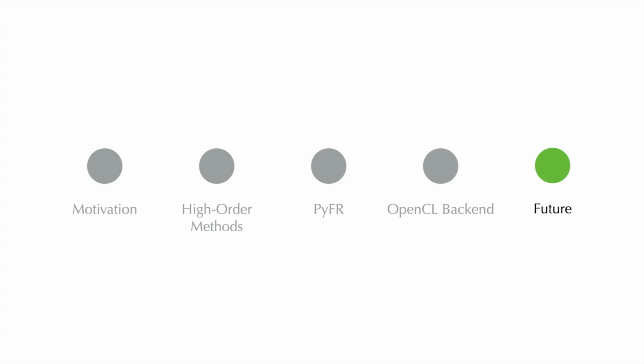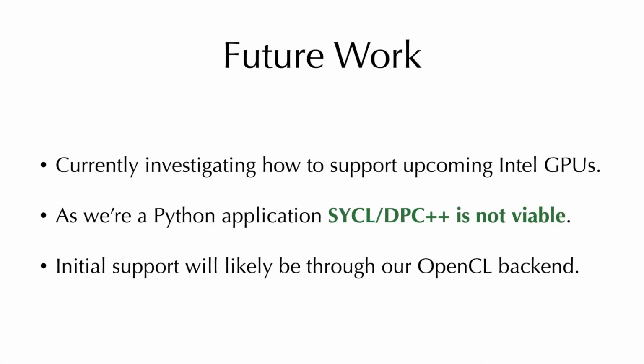So with those limitations in mind, what does the future hold for us, given the increasingly heterogeneous GPU landscape that we're looking forward to? Well, firstly, our big open ticket is how do we best support upcoming Intel GPUs? As we're a Python application, SYCL or data parallel C++ really is not viable for us.